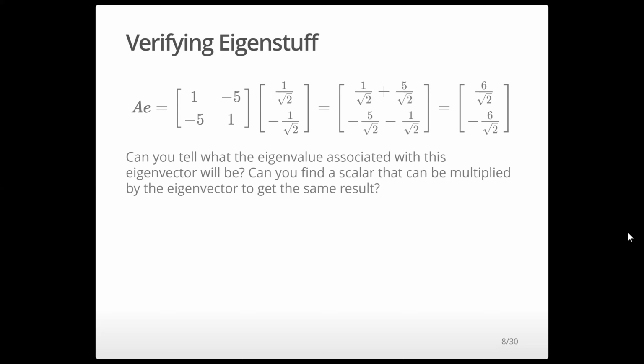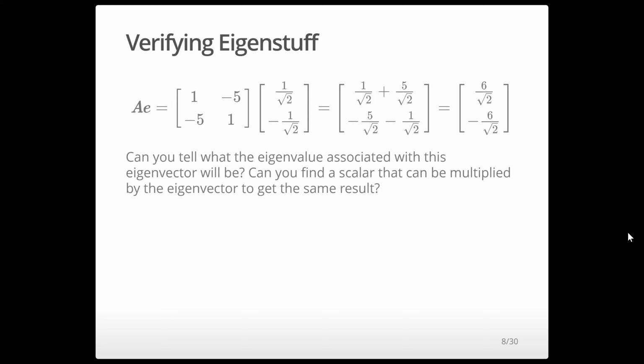If we multiply AE, we wind up getting this vector, which is, of course, 2 by 1, since we're multiplying a matrix that is 2 by 2 by a matrix that is 2 by 1. So that leaves us with a 2 by 1 vector. That's 6 over root 2, and then negative 6 over root 2.